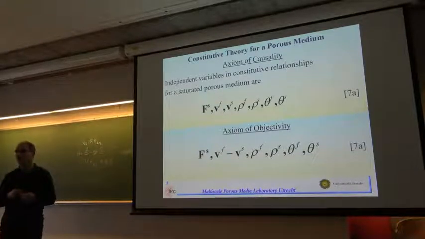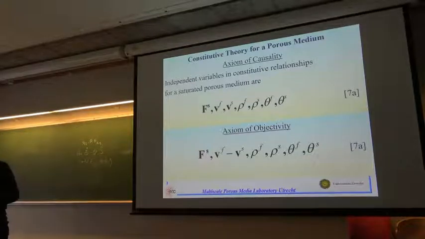Yes. For example, I can show you results of experiments where we do micromodel experiments, in which we inject two immiscible liquids, fluorine and water, into a micromodel. Using a camera, we can see where the fluids are. Using an infrared camera, we can see the temperatures.